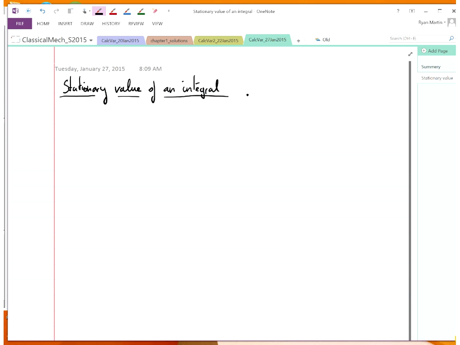So this is something that's going to come up a lot in the analytic mechanics. And the case is that we want to find some function, y of x, that minimizes an integral.